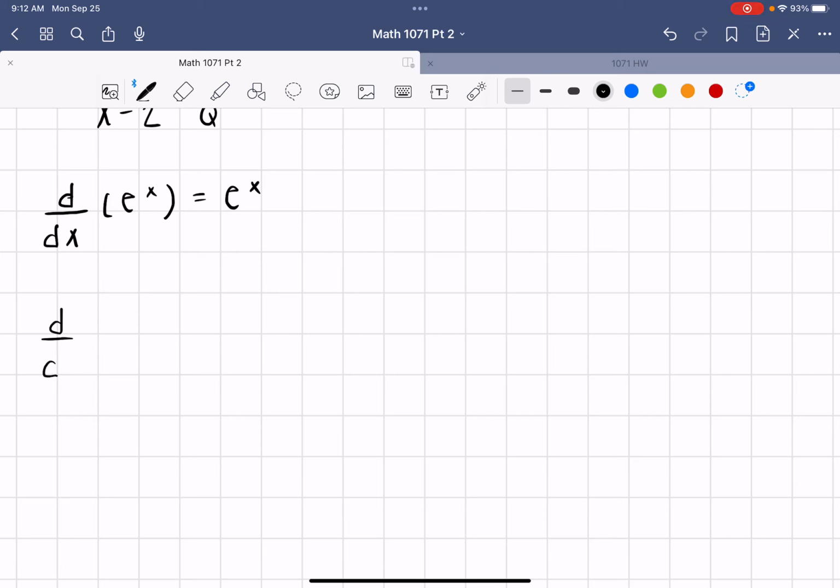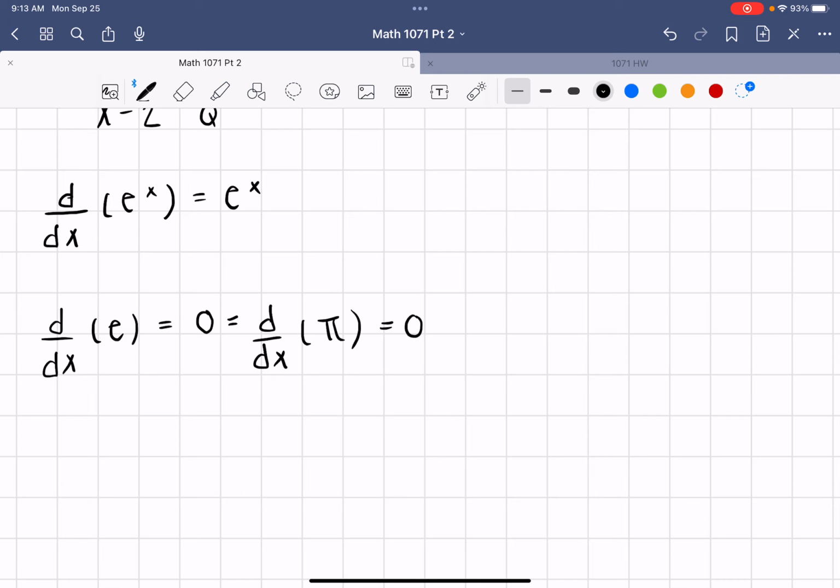There's no x there. e is just a constant, 2.7. You get the distinction? Here, you have a function of x. Here, it's just a constant. You know, if I ask you for the derivative of pi, 3.14159, that's just a constant. Its derivative is 0.